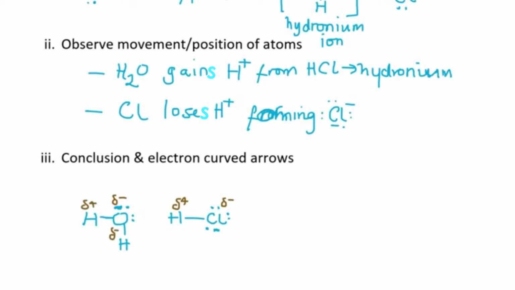This shows that the electrons will go, as the curved arrows show, from the oxygen lone pair to the hydrogen on the hydrochloric acid, and then this bonding pair cleaves and forms a lone pair on our chloride.